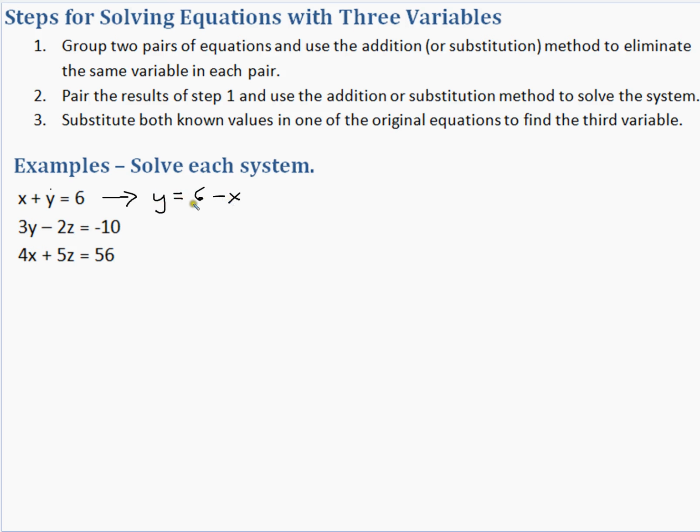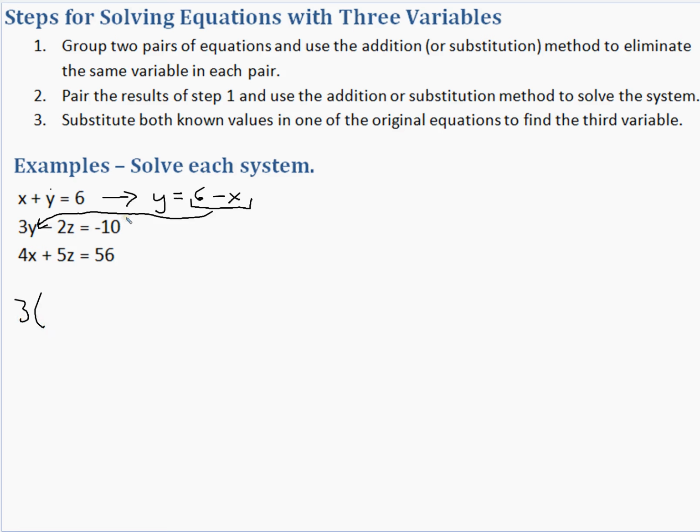And so now I'm going to take that 6 minus x and put it in here for this y, and I'll have an equation that just has an x and a z, and down here I'll have an equation that's an x and a z. So I'm starting off with using substitution to try to get 2 equations with the same 2 variables. So what we'll do is we'll have 3.